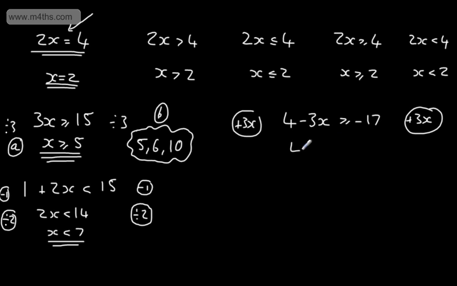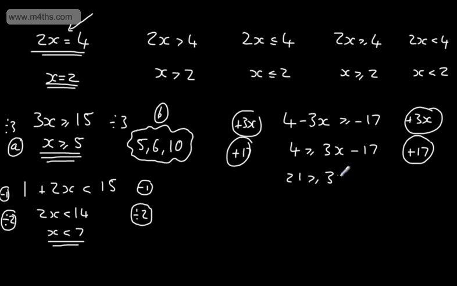If I do that, I'm going to have 4 is equal to or greater than 3x, then minus 17. You can write it as minus 17 plus 3x. I want the x's by themselves, so I'm going to add 17 to both sides of the inequality. So adding 17, I'm now going to get 21, and 21 is going to be equal to or greater than 3x.